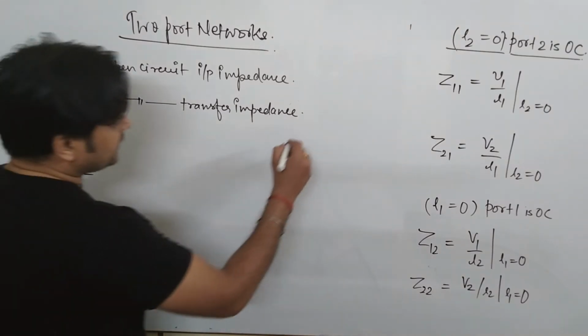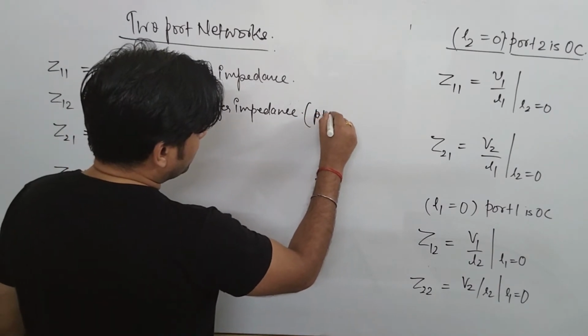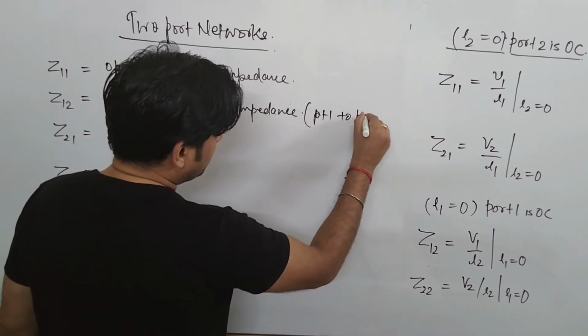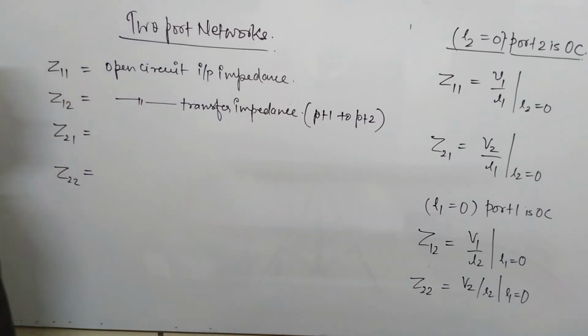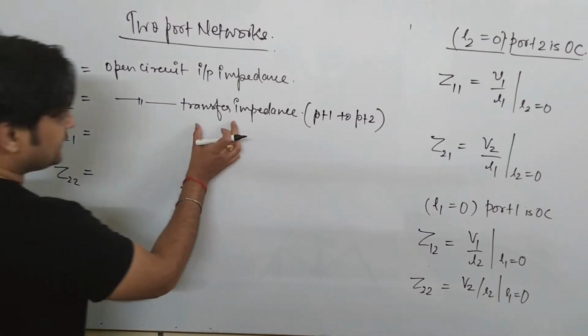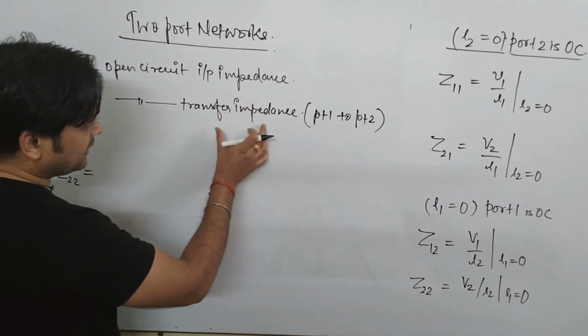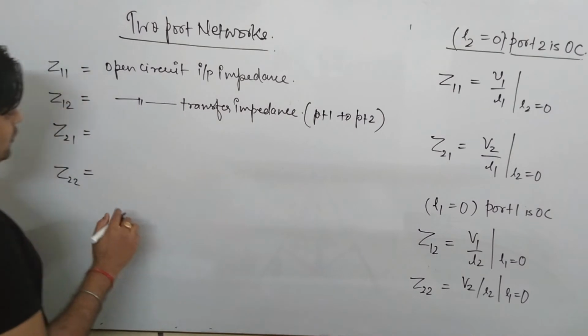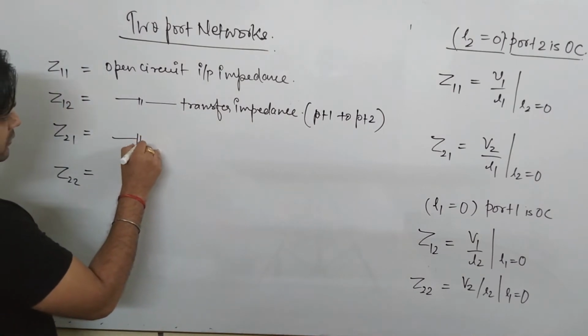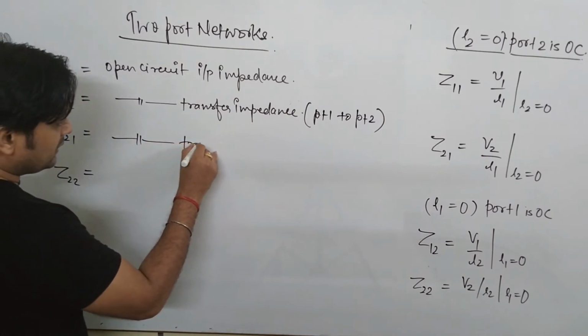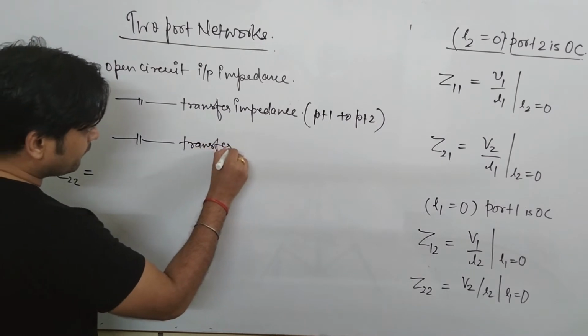Or you can say that this is from port 1 to port 2. It is a transfer impedance, but transfer in the sense it is transfer impedance between port 1 to port 2. Similarly, if you talk about Z21, again it is a transfer impedance.